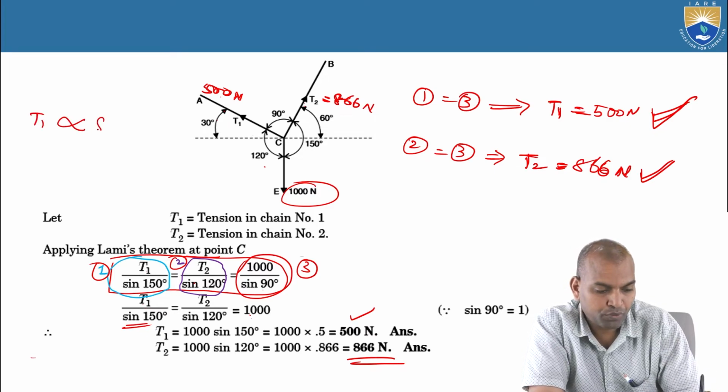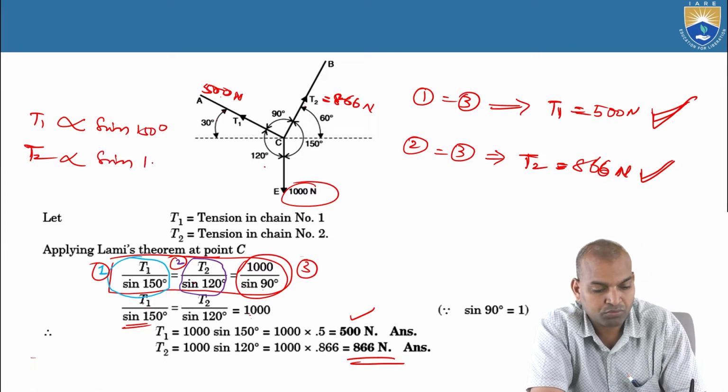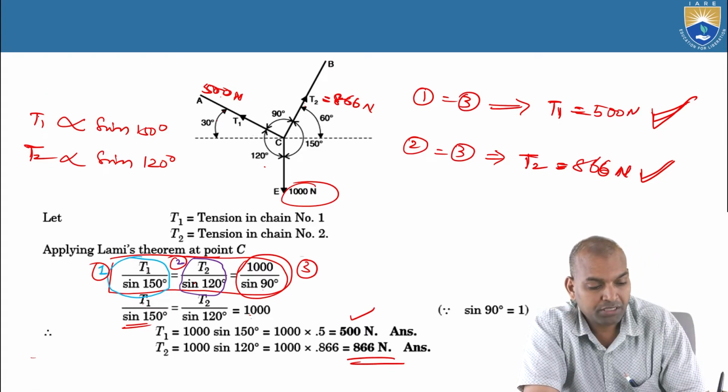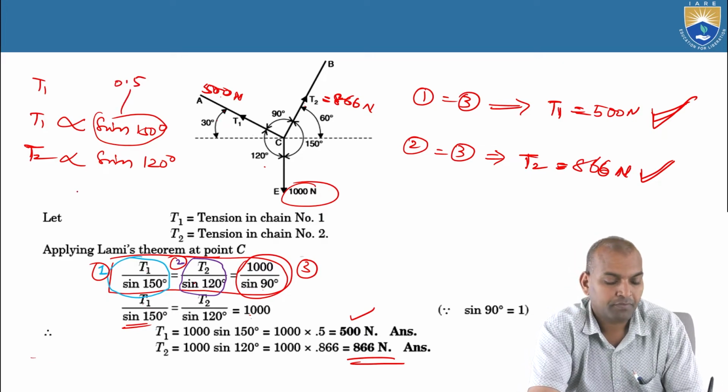T1 is proportional to the sine of the angle between the other two, that is sine 150. T2 is proportional to the sine of the angle between the other two, sine 120. What is sine 150 degrees equal to? 0.5.